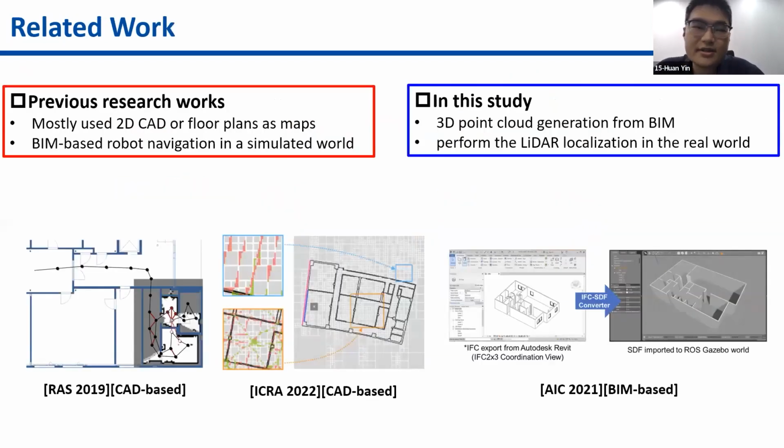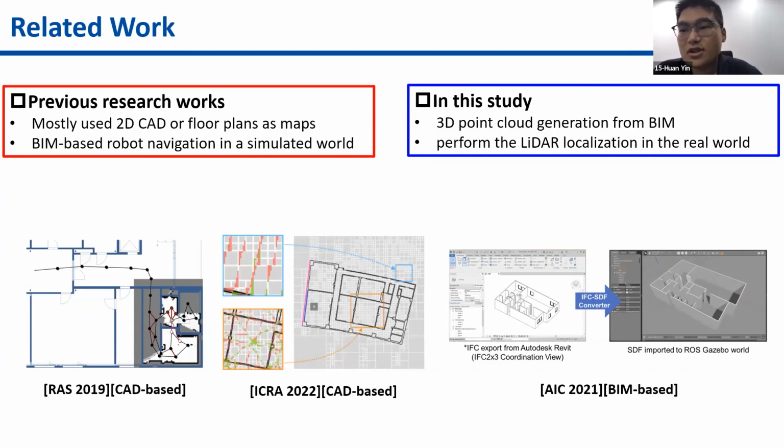In previous studies, we noticed that many people are doing 2D CAD or 2D floor plan based localization, but these localization methods are based on 3D work. In recent years, some researchers are doing BIM-based robot navigation.